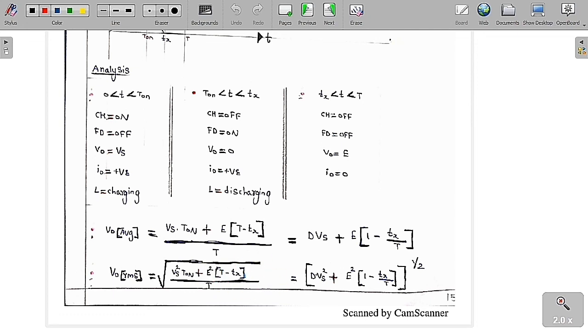So V0 RMS is equal to the square root of 1 by T into Vs square into T on plus E square into T minus Tx. If you simplify, we get the square root of D into Vs square plus E square into 1 minus Tx by T. So this is the RMS value of the output voltage.